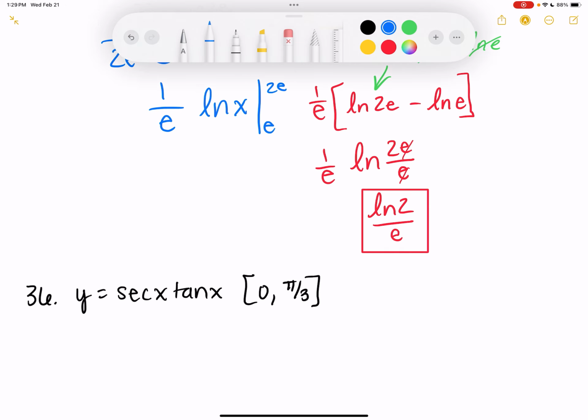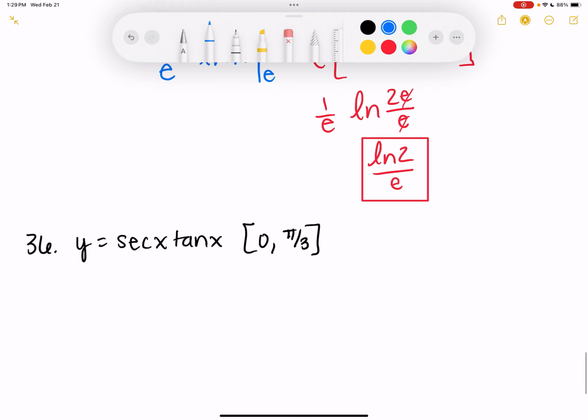So how would I set this up? In general, if you have one that's minus 0, you don't have to write that, but I'm writing it for reference for you to see if you look back. From 0 to pi over 3.